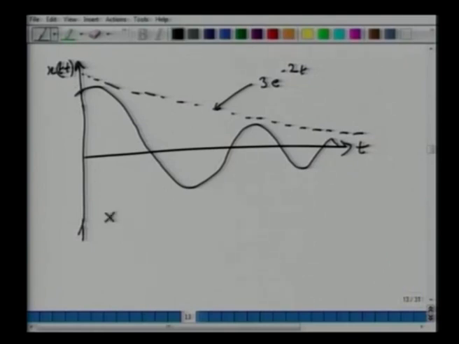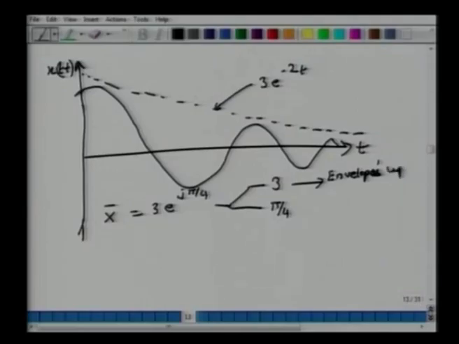So based on what we did earlier, x bar equals 3 e^(j pi/4), and this has two components. One component is 3, the other component is pi over 4. So this is like your envelope's upper limit. That is the maximum value the function can get. This is your phase.